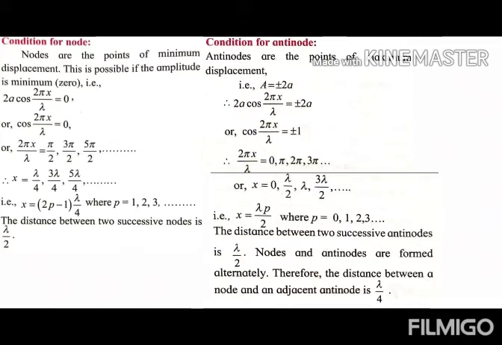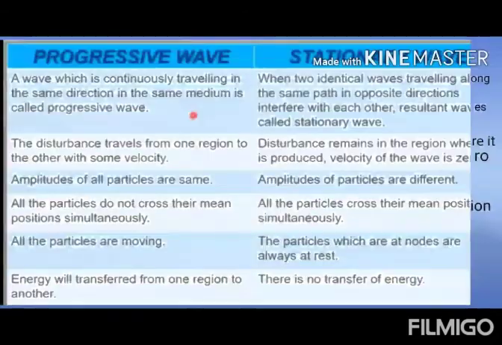Therefore, x = pλ/2, where p = 0, 1, 2, 3 and so on. Here also, the distance between two successive antinodes is λ/2. Nodes and antinodes are formed alternately. Therefore, the distance between a node and an adjacent antinode is λ/4.